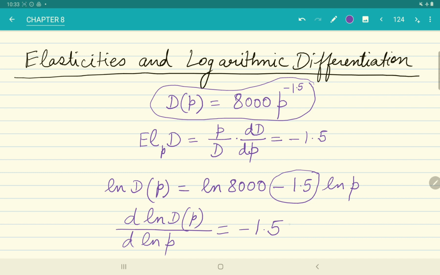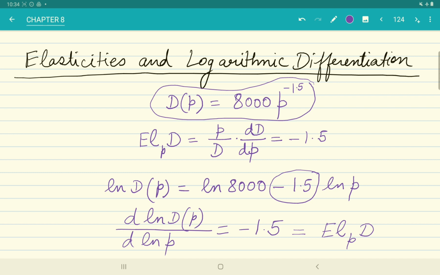This is nothing but the elasticity of demand with respect to price. I know it is p upon D multiplied by D'(p), but we see that it is also equal to the logarithmic derivative d ln D divided by d ln p.